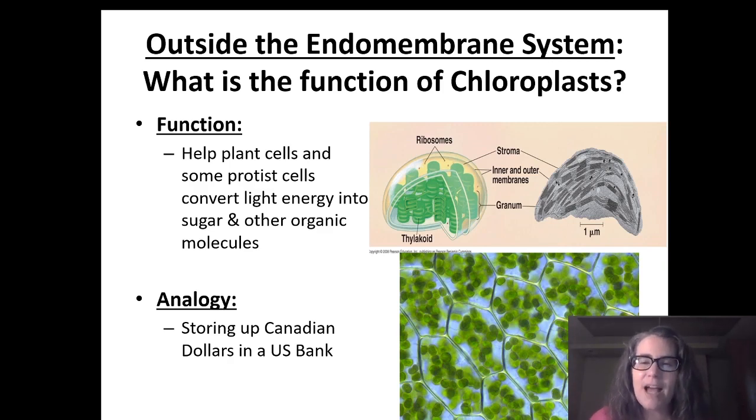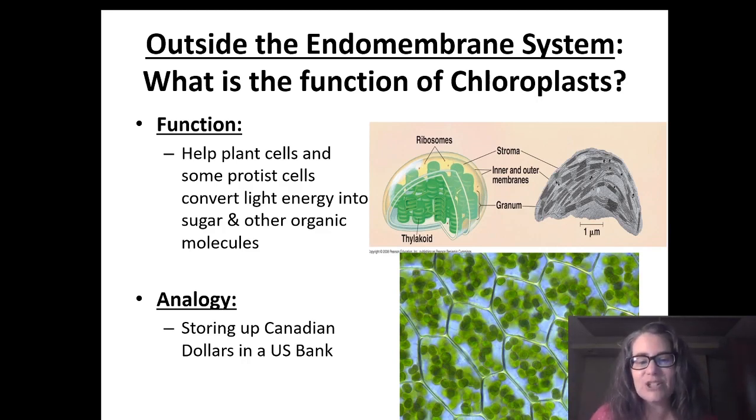Now, lots of people come to college and they think that plants only have chloroplasts and animals only have mitochondria, and that is not true. Many plant types of cells are going to have both, right? And the reason why is because a sugar is a stored form of energy. It is not the spendable form of energy that a cell is going to use on its day-to-day life basis.